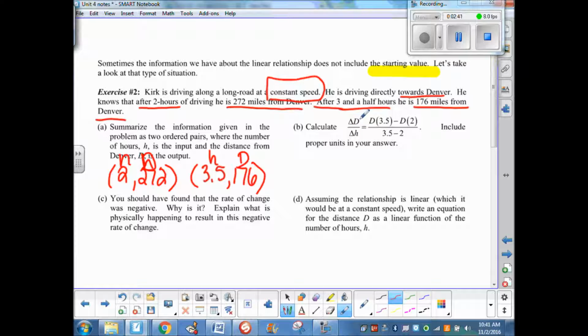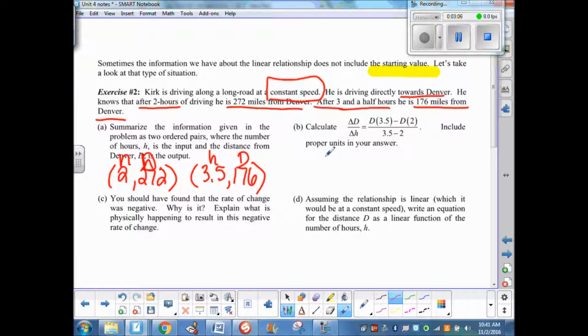So the change in the distance. As we're traveling, are we getting closer to Denver or further away from Denver? And then think about when we're dealing with our hours, are the hours increasing or decreasing as time goes on? So it set this up in our function notation. What is the distance at 3.5 hours?